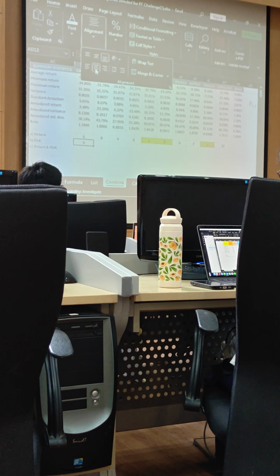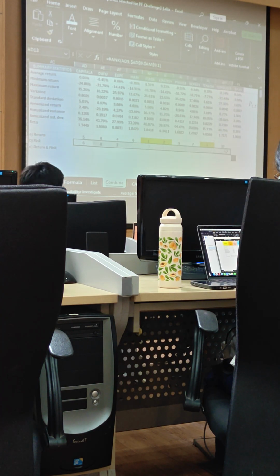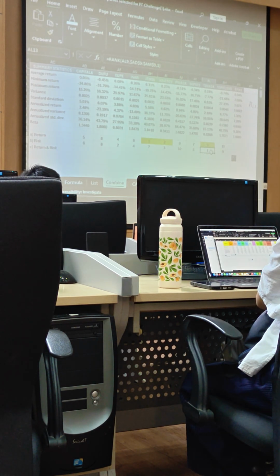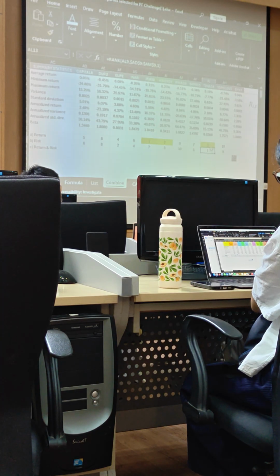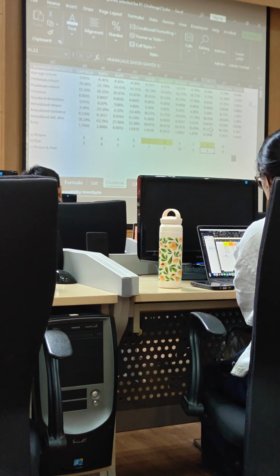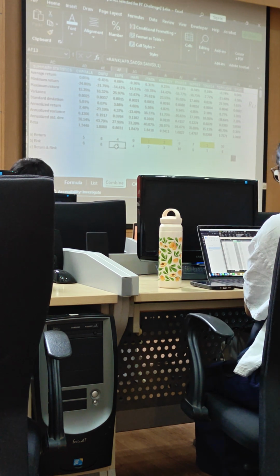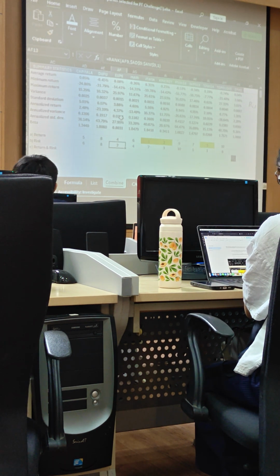If I drag it to the right, in terms of risk, number 1 is Tenaga. The Tenaga risk is 15% standard deviation. What about number 2? Number 2 is 27.99.